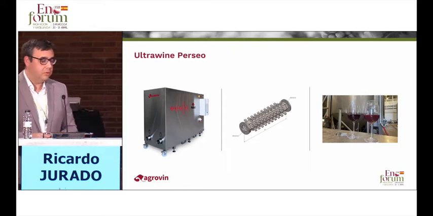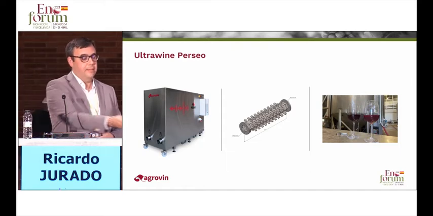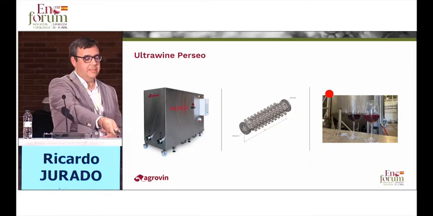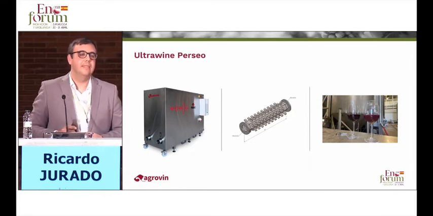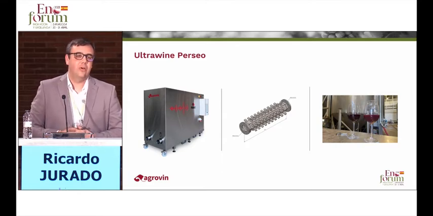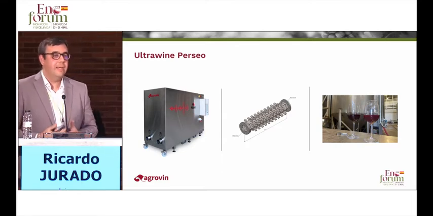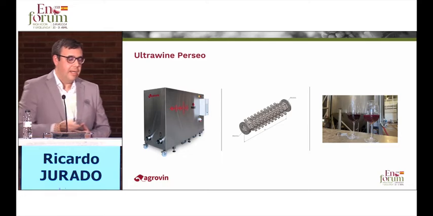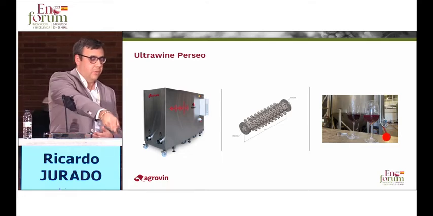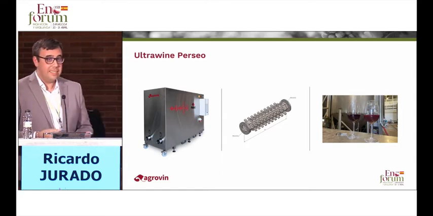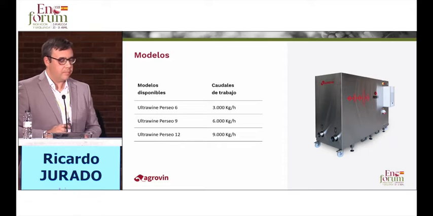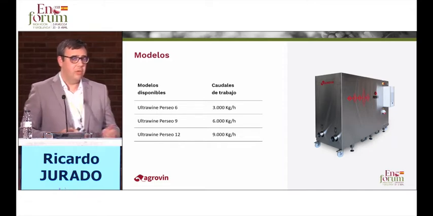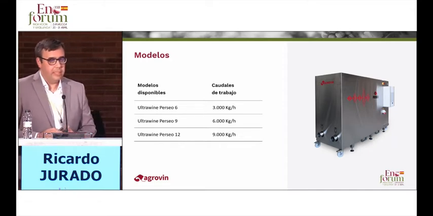Here I'm showing a little example with a glass of wine. That one is not made with the ultrasound technology, and you can see that the color in that glass is a bit more pinkish than the other glass on the left-hand side, which has a much deeper color. This is one of the applications of ultrasound.